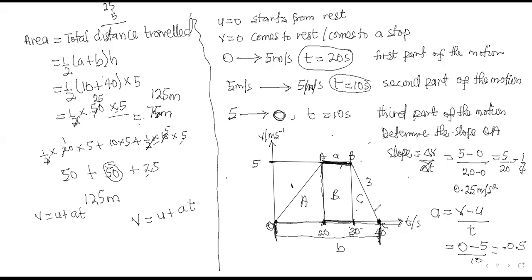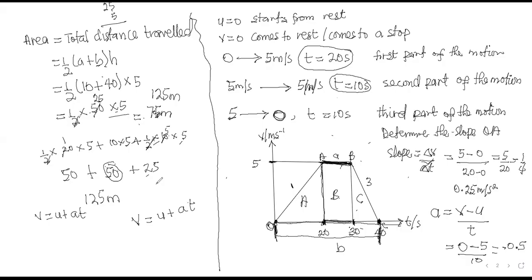What is the final velocity of the body during the motion? That is 0. We are told the body comes to a stop or rest.